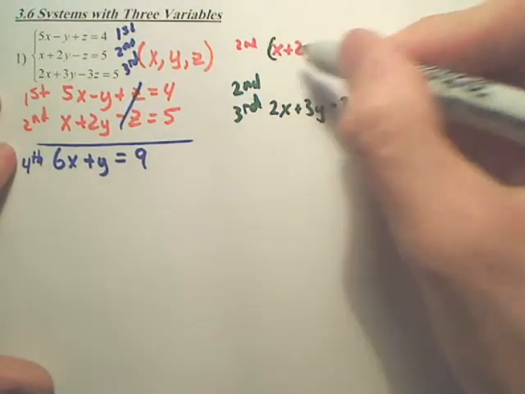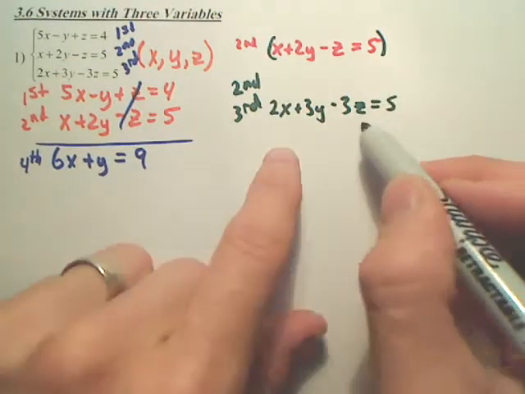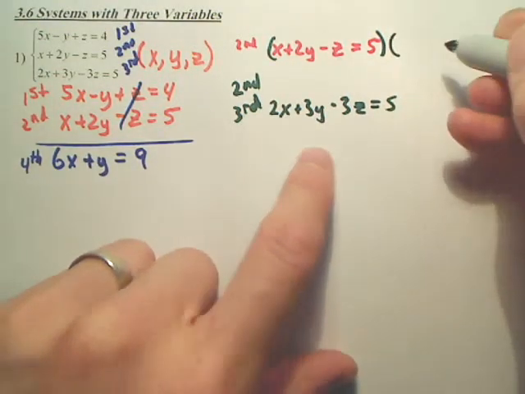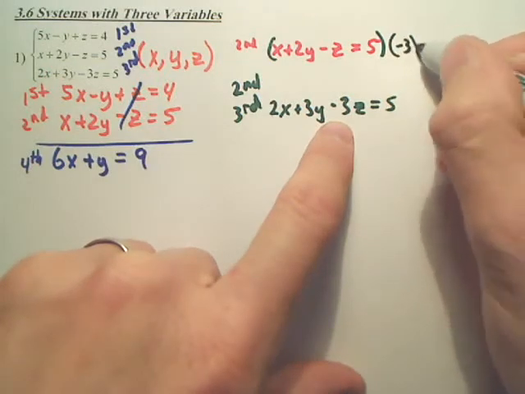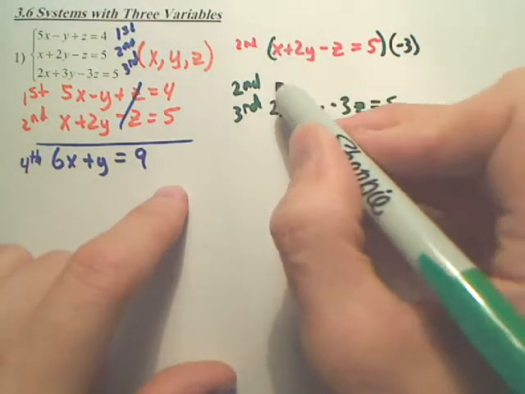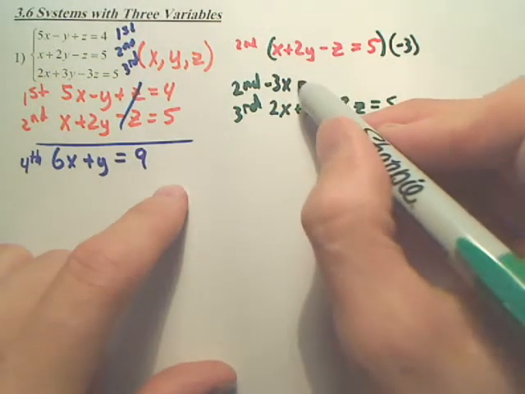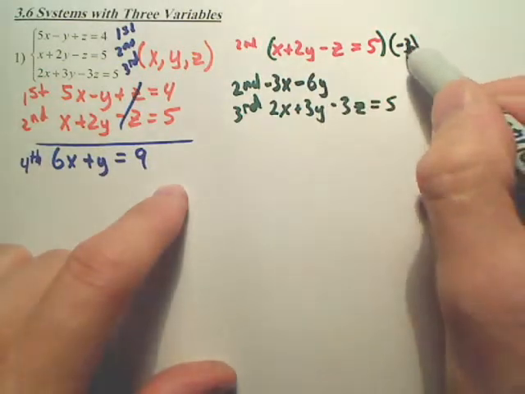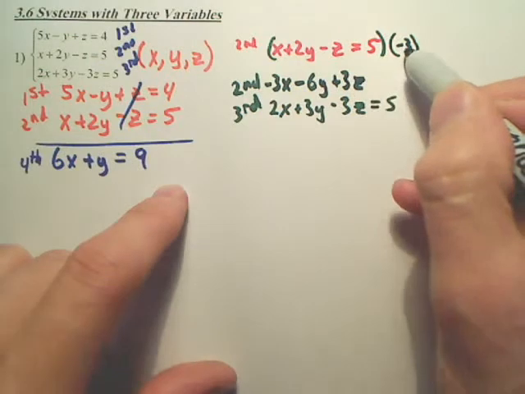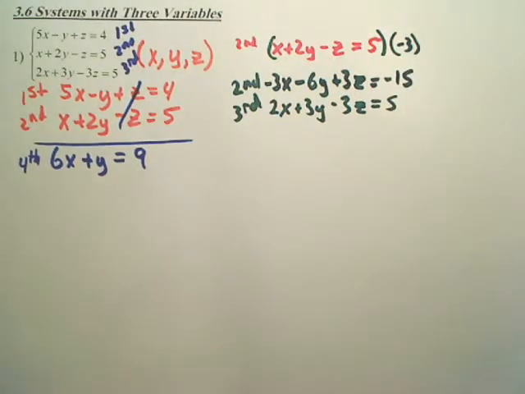I hear some people saying negative 3 would be a good choice. Because negative 3 times x gives me negative 3x. Negative 3 times 2 gives me negative 6y. Negative 3 times negative z is positive 3z. And negative 3 times 5 is negative 15.